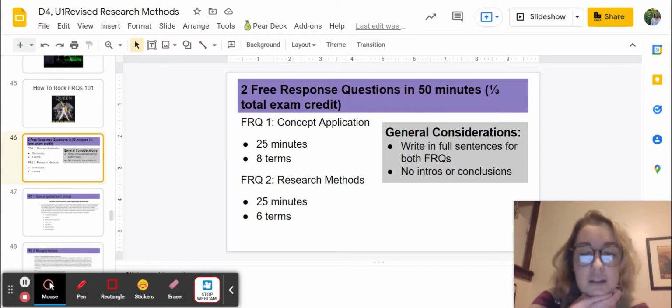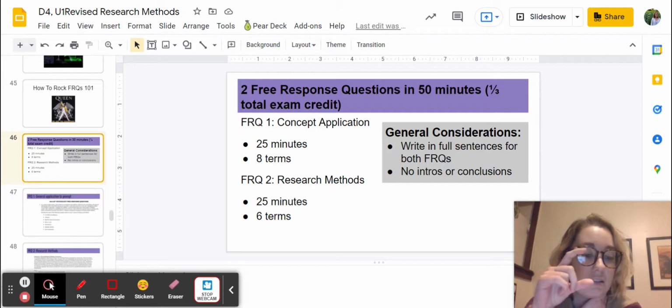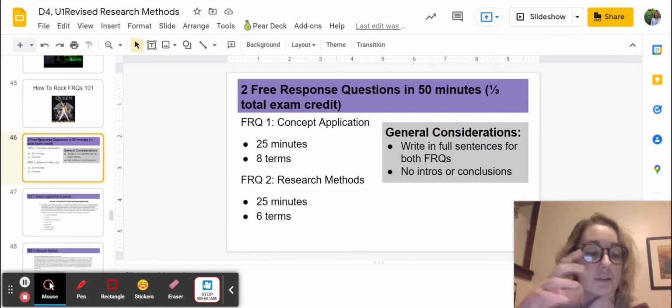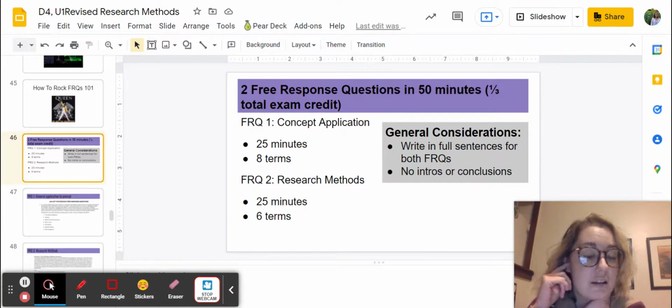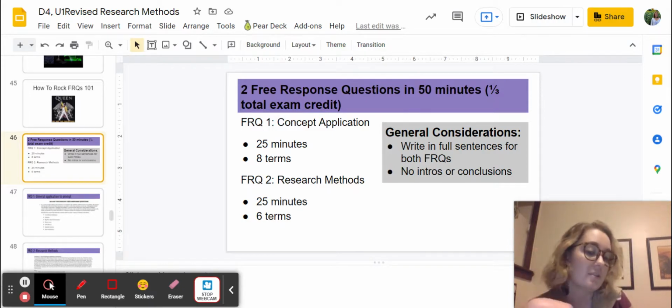There's always going to be another FRQ, which is based on research methods. And this one's not the same where you're defining and then applying the term. It's more just straight, you're answering. They give you a little blurb, probably talking about some kind of research experiment that's going on. And then you have to do different things in terms of research methods, like identify what's the independent variable, what's the dependent variable.